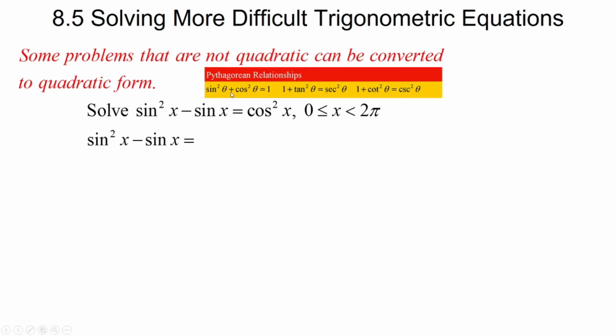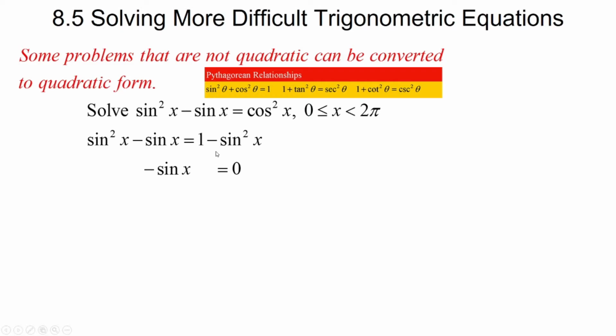Sine squared of theta plus cos squared of theta equals 1. So doesn't that imply cos squared of theta could equal 1 minus sine squared of theta? Now, everything's in terms of sine, and I can put this trigonometric function in terms of sine in quadratic form now. So let's get everything to one side.